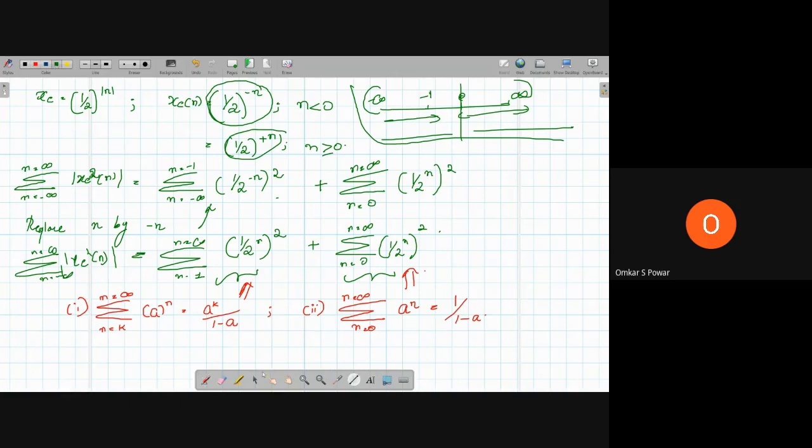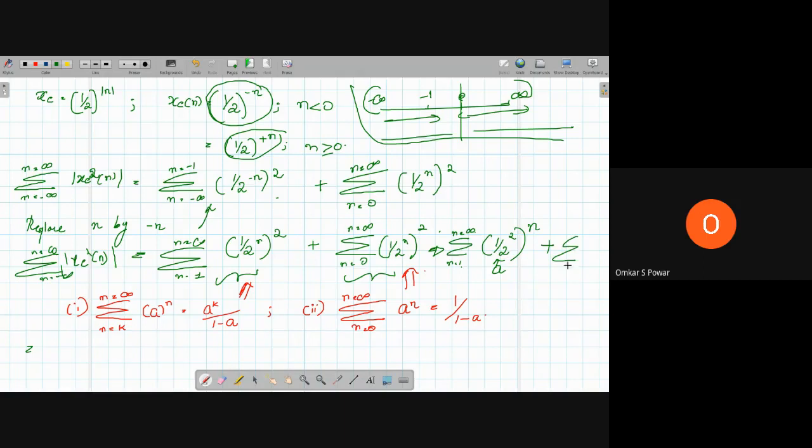Okay, so let me take this one. How can you express this one? Summation n equals 1 to infinity of 1 square to the power of n. You can write it like this so that you can easily map the formula, summation n equals k to infinity a power n. So your a is this one here.